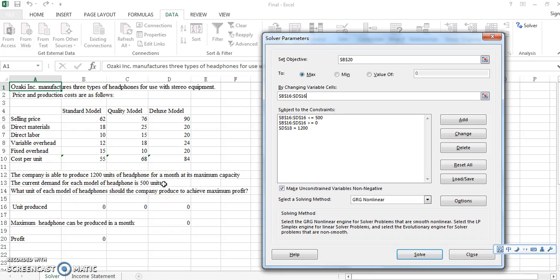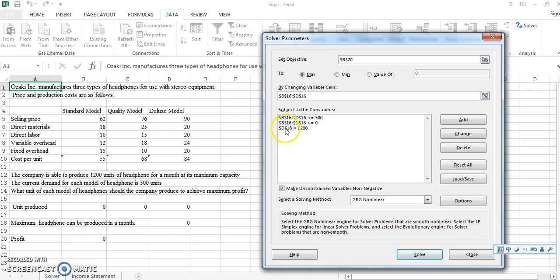If the company produces more than 500 units per model, the company will not be able to sell the units that exceed the 500 units for that model. The second constraint I set is for the three cells of units produced to be greater than or equal to 0.